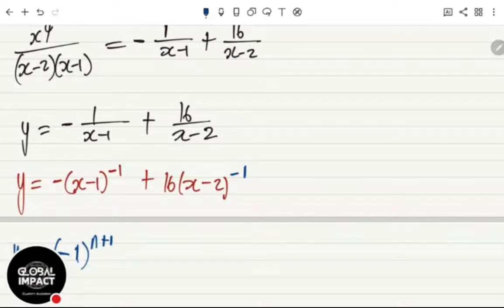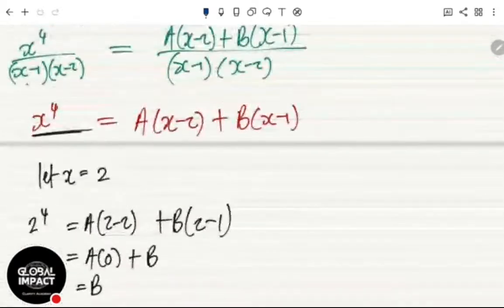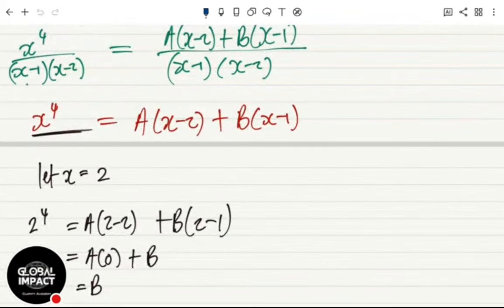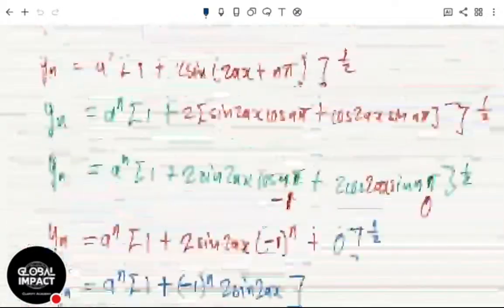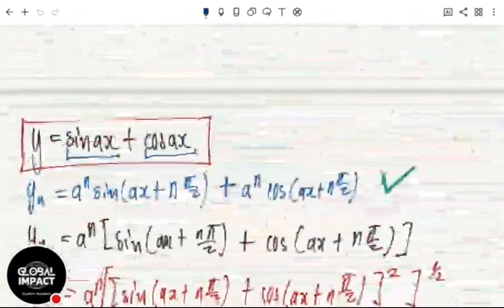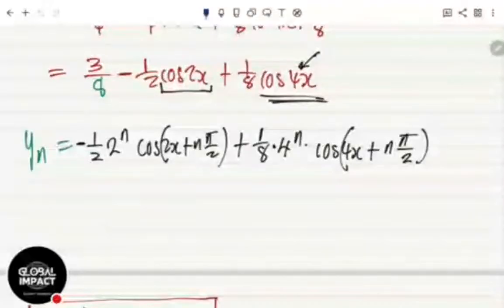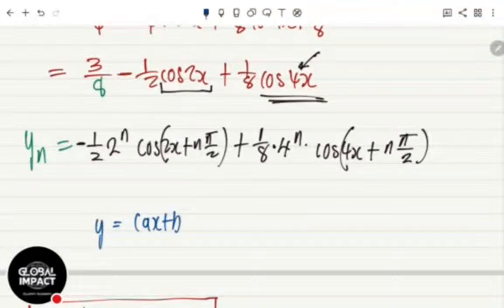Let's find it. Let's go to the nth term of this. When you have y equals (ax plus b) to the negative 1, the nth term is negative 1 to the n factorial.